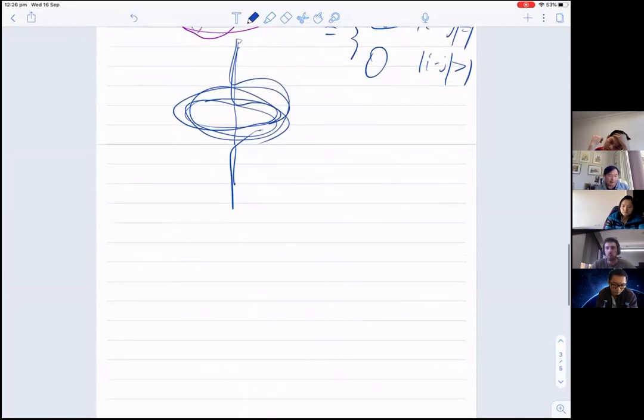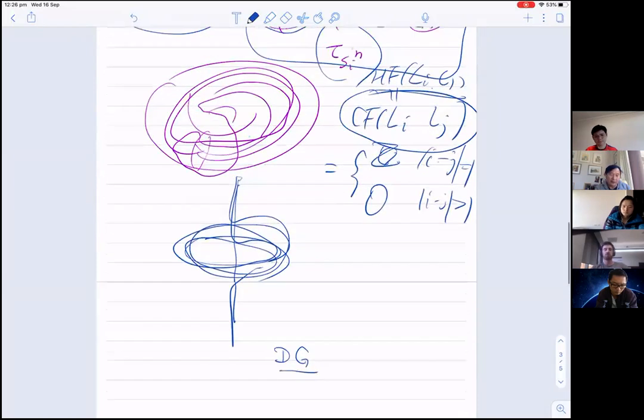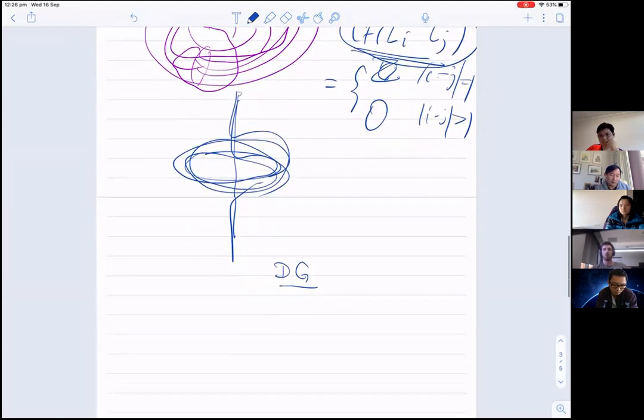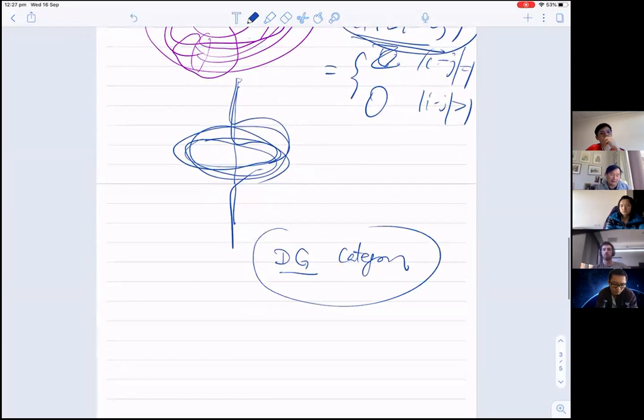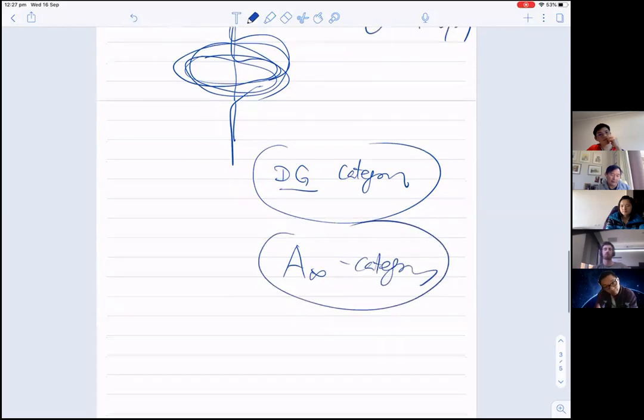So this is the category they will usually call the differential graded category. They call it the DG category because the chain morphisms have a chain complex structure. So this will be a DG category. Actually, we know that there is even more. The higher structure is actually an A infinity category. All these are infinity categories.